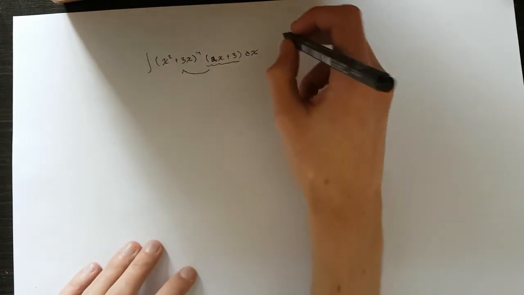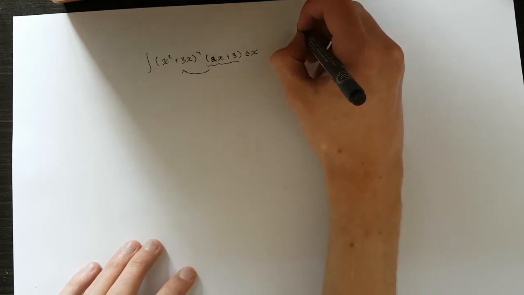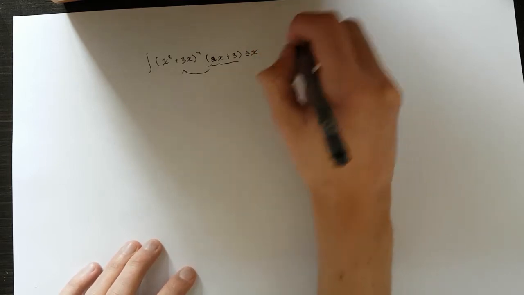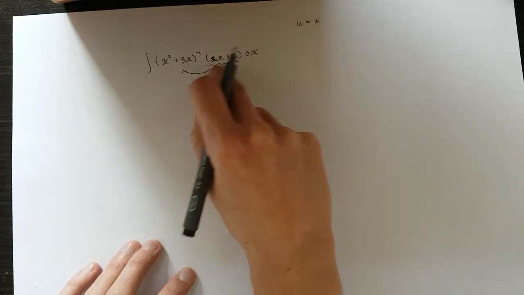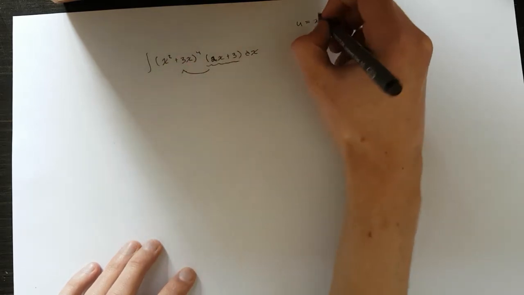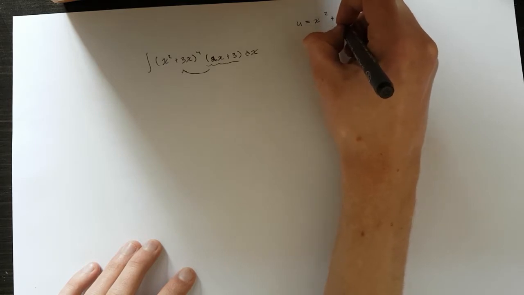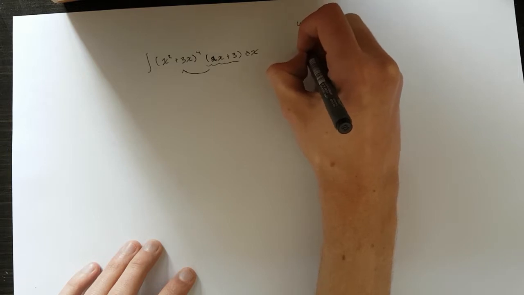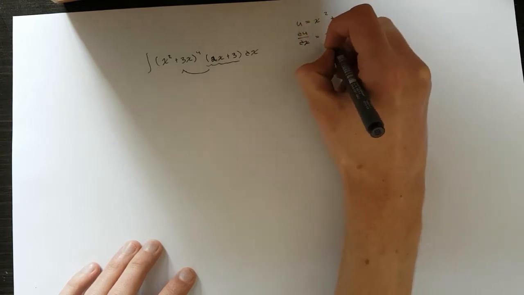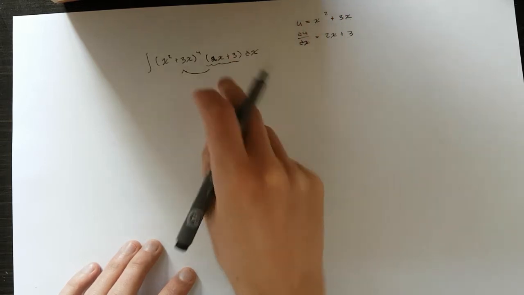Then we say, let u equal the one that we took the derivative of. So u is equal to x squared plus 3x. And if we take the derivative of u, du/dx is going to be equal to 2x plus 3, which is what we have there.